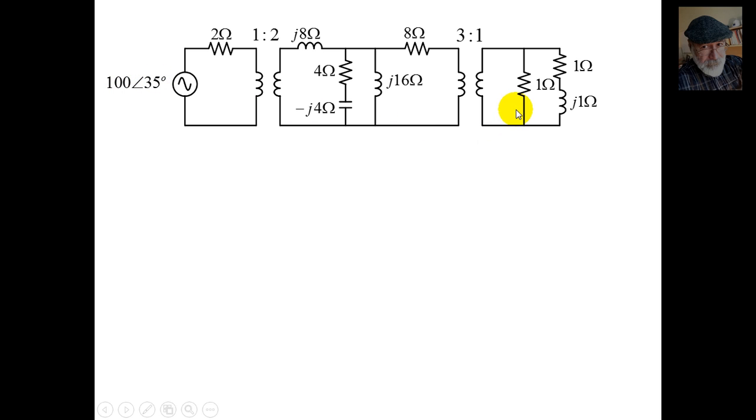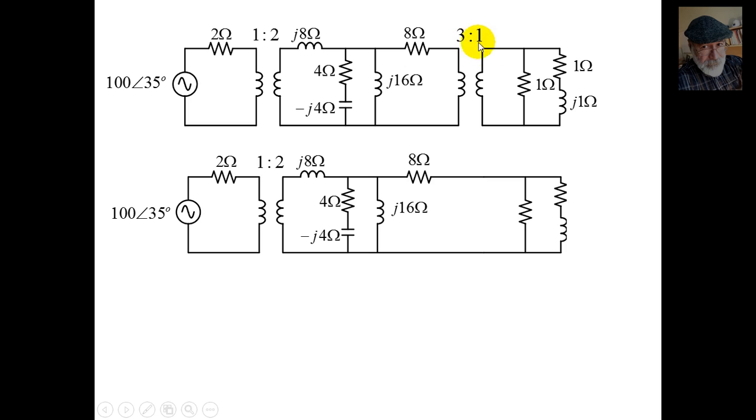Then we can refer the impedances on the far right to the high side of this step-down transformer. How? Multiply by 3 squared. Those 3 impedances are multiplied by A squared, 3 squared, and we have 9, 9, and j9 ohms. We have referred those 3 impedances to the high voltage side of this transformer.